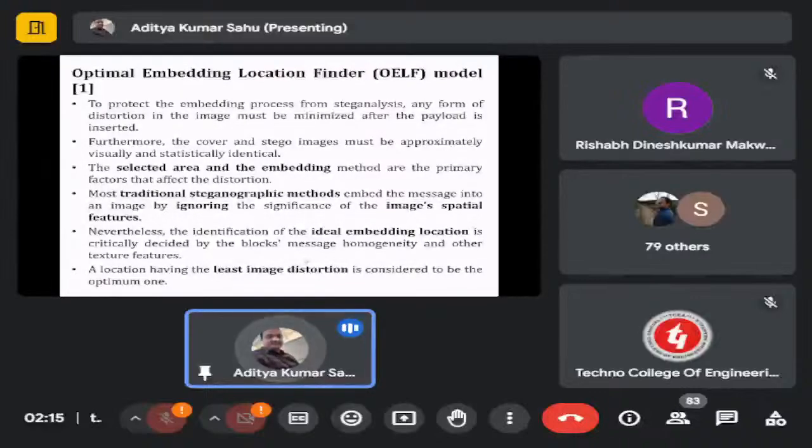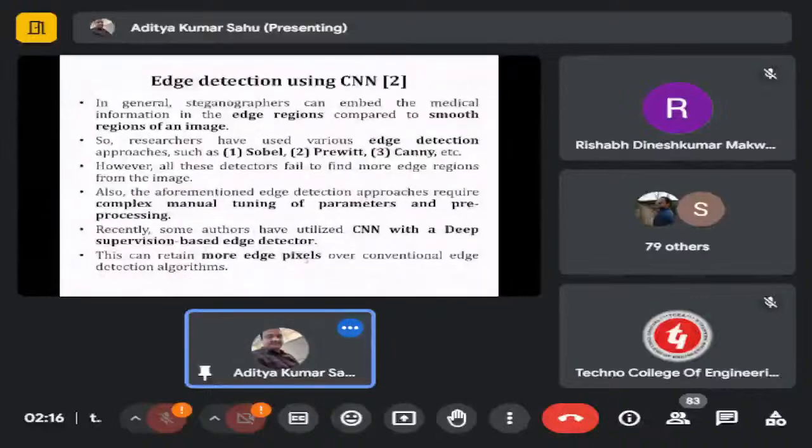A location having the least image distortion is considered to be the optimal one. In general, steganographers can embed the medical information in the edge regions compared to smooth regions of an image.